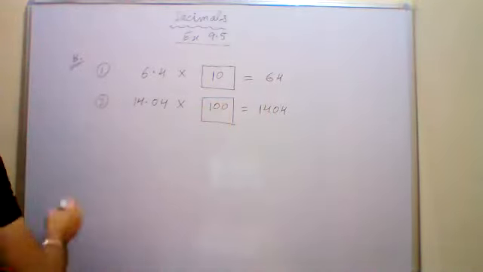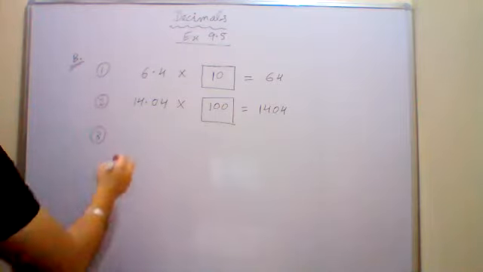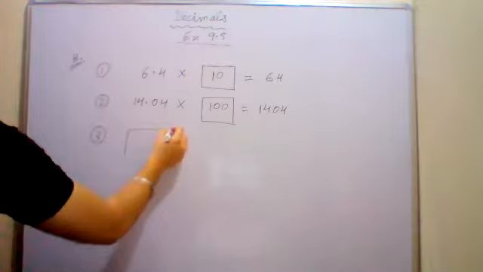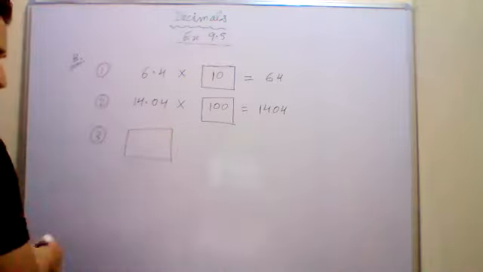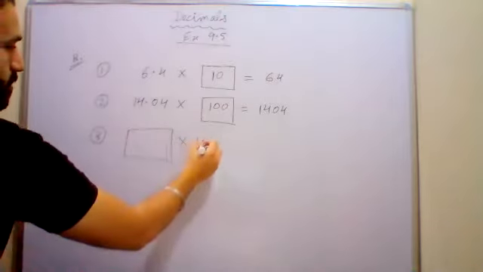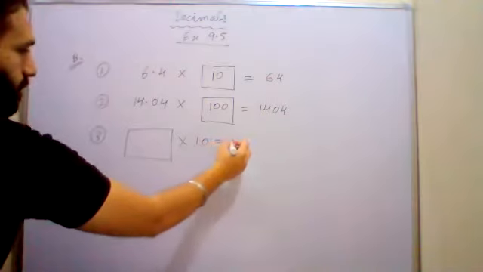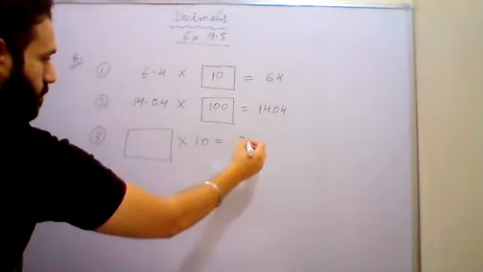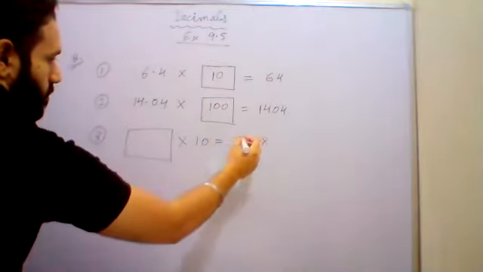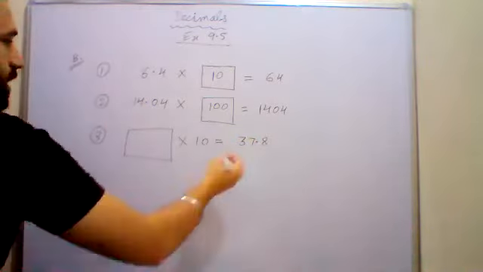Okay. Third one. Box multiplied by 10 gives 37.8. Sir, 3.78. Correct answer.